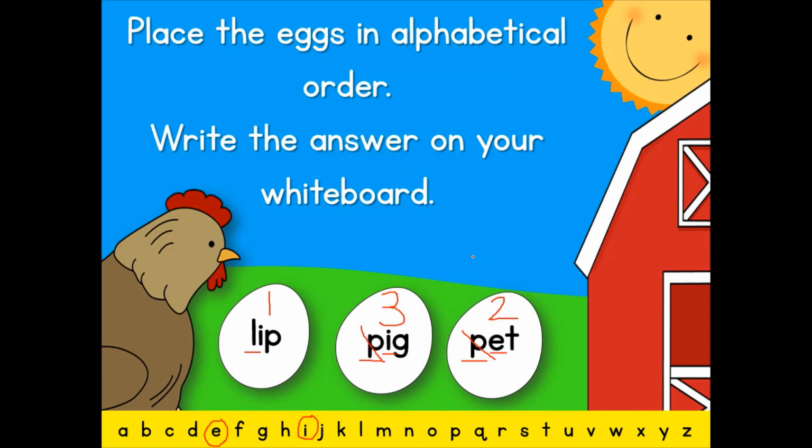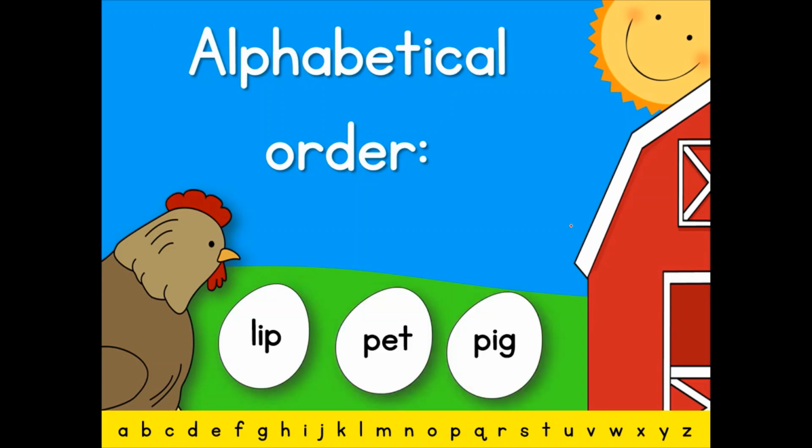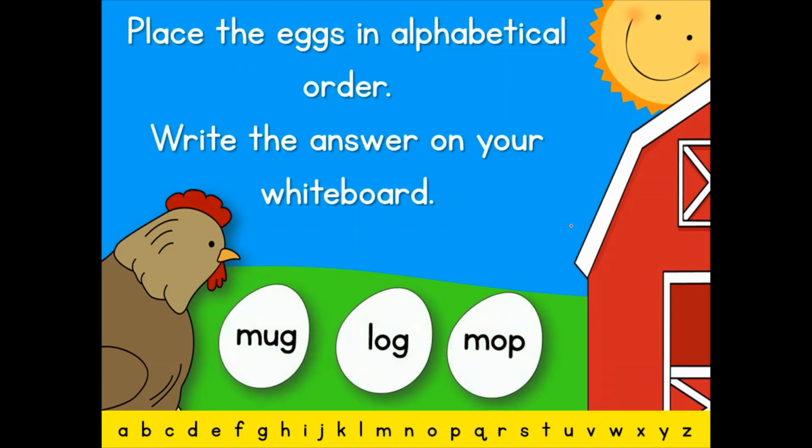The I is going to be number 3, so it should be lip, pet, and then pig. There's the order that you should have. Okay? All right, you guys pause your video and try this one.